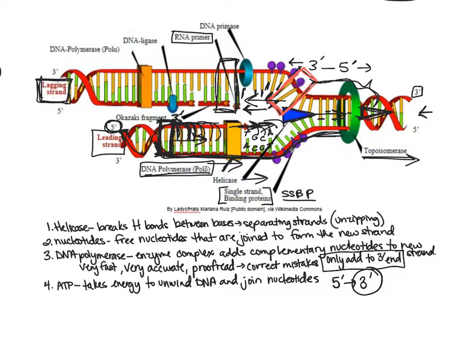Now, the DNA polymerase, remember, this guy has gone toward the left, and so now we still have this open DNA, which means that the next DNA polymerase is going to attach itself right by the helicase and work its way backwards toward the left. And then it's going to bump into where this DNA polymerase started. And so this is why this is called the lagging strand.